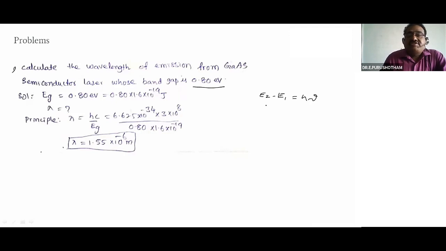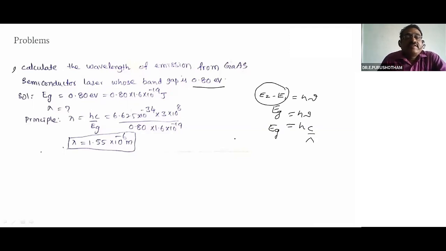So from this relation, energy gap is equal to h nu. What about frequency? c by lambda. So Eg is equal to hc by lambda. From this relation, we can write lambda is equal to hc by Eg. So we are using that formula here.